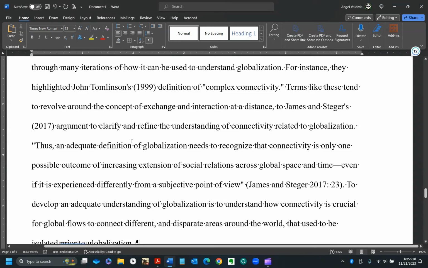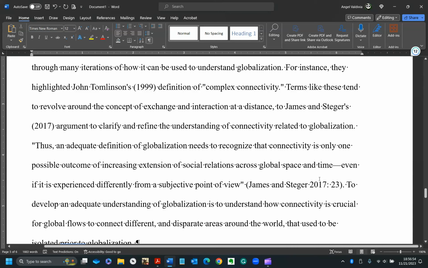Or another way would be, if you identify the authors at the beginning of the sentence or the quote that you're going to use from them, then you would just put in parentheses 2017 colon page 23. Or you could also provide the quote and then a comma and write "according to James and Steger, 2017, page 23."